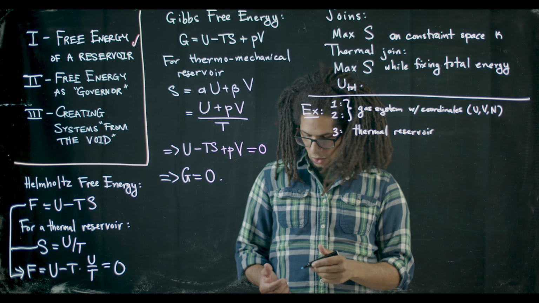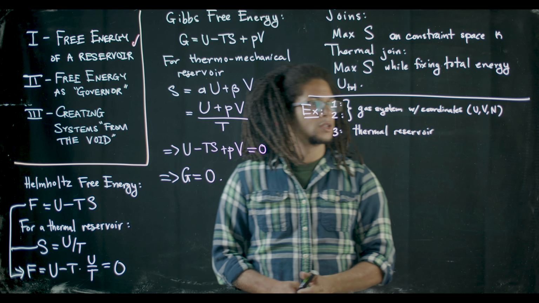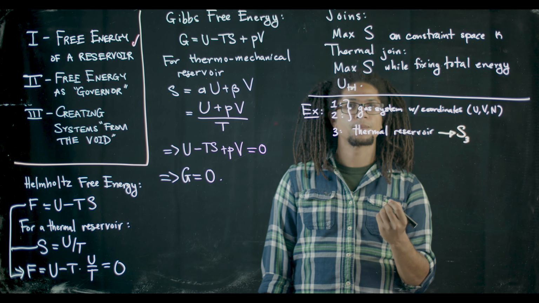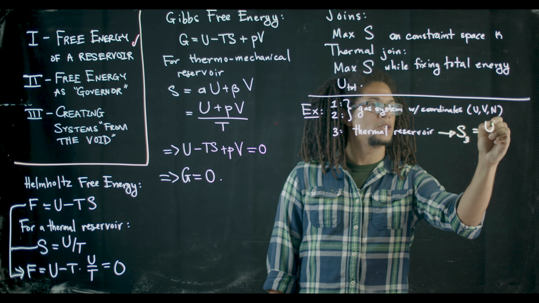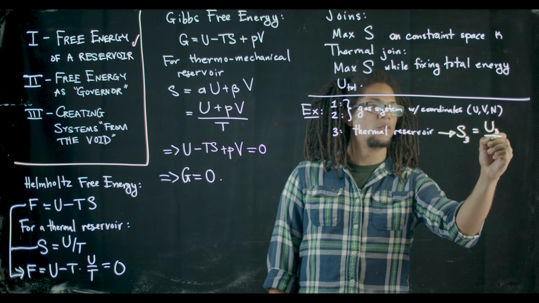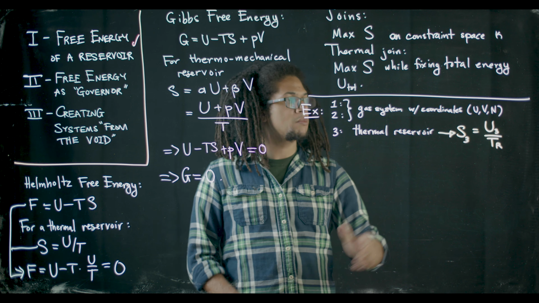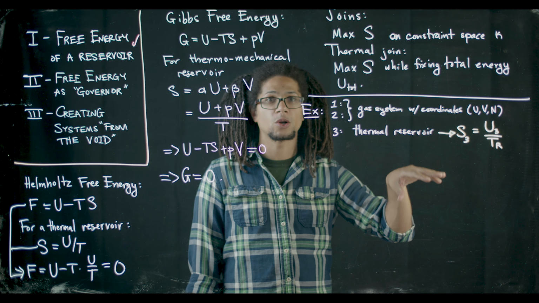So before we start on that, actually, just for clarity, let's make sure that we write down that S3 is equal to U3 over T, and I'll call it T_R rather than T3, just to make sure that we know that this is the temperature of the reservoir.